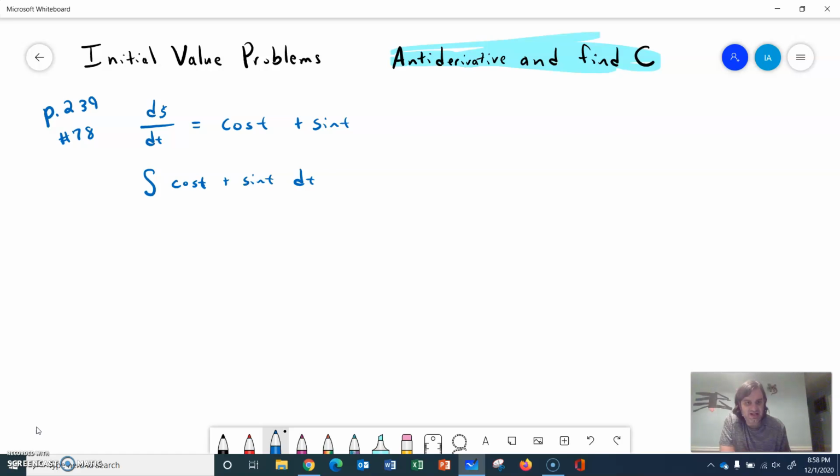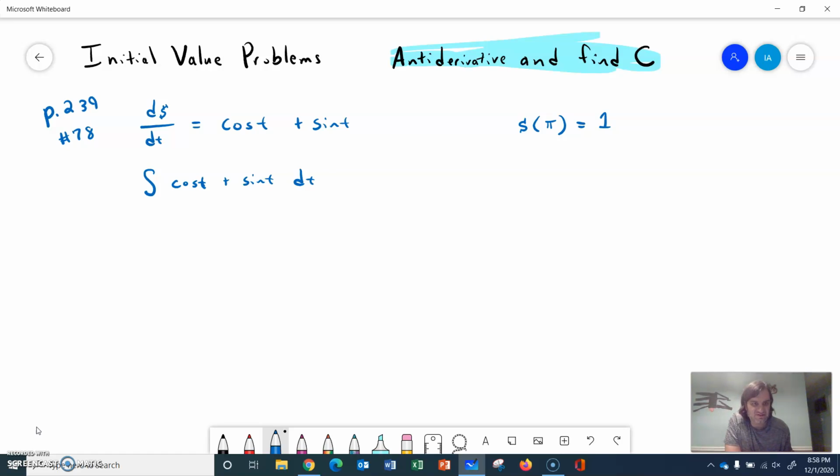Going through that, just to make sure you understand what's happening, they also give us another piece of information that we're going to use in a little bit, so I better write it before we forget about it: when we find the antiderivative s, when we plug in pi, we will get 1. So we're going to integrate our cosine plus sine and see what we get.